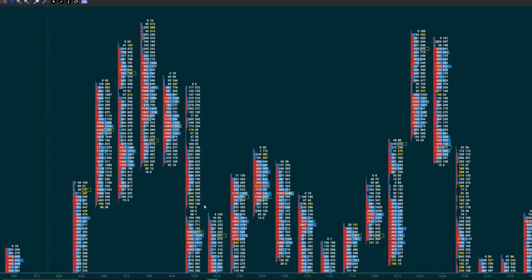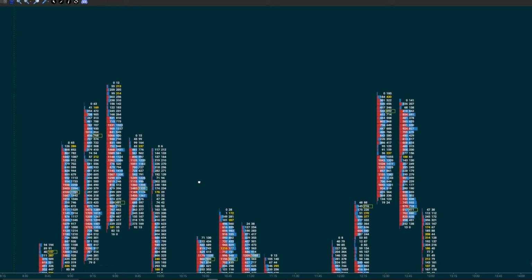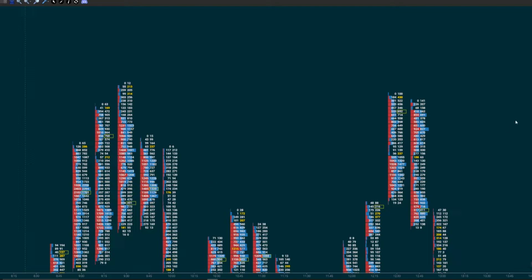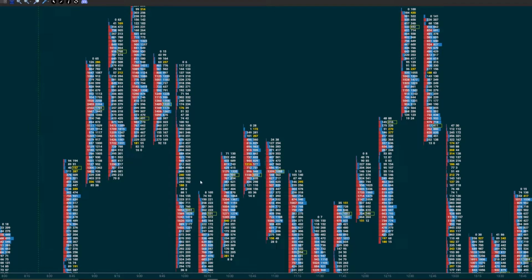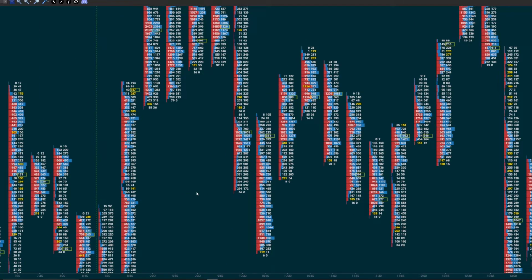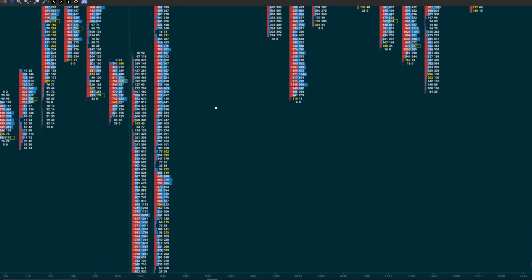And one of my guys asked me how we could possibly know to short 75 here in this level, or how do we detect it in the footprint, right? So let's talk about some kinks in the volume profile that we talked a lot about in chat. What are all the lessons that have been taught in the past, right?